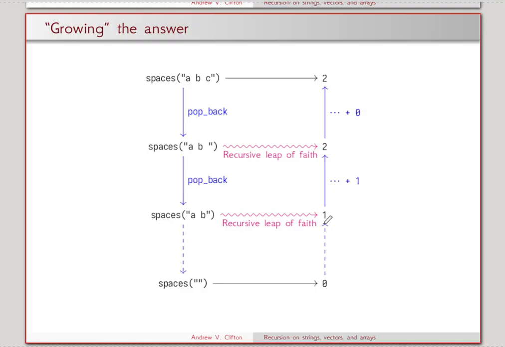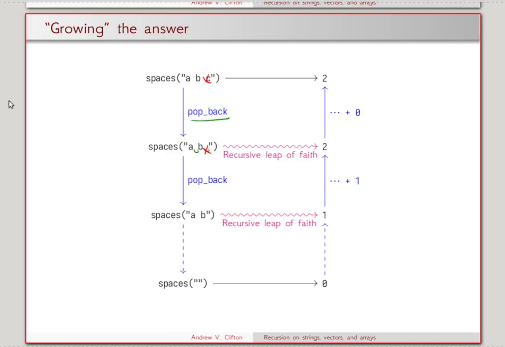So you can see that if we run this one more step, if I start with my original string and do a pop_back, that's going to remove the c. So now I have "a b ". If I do it one more step, that's going to remove that space.